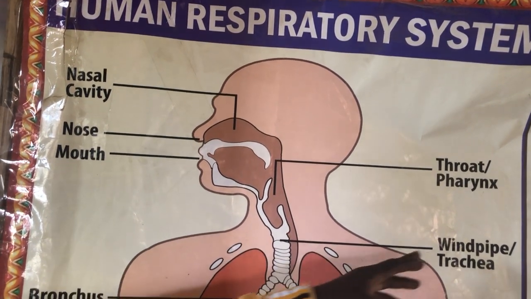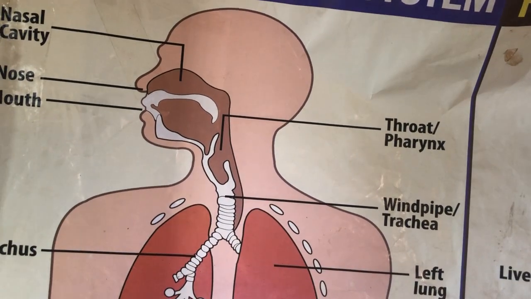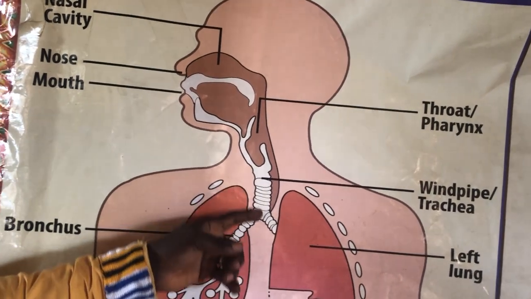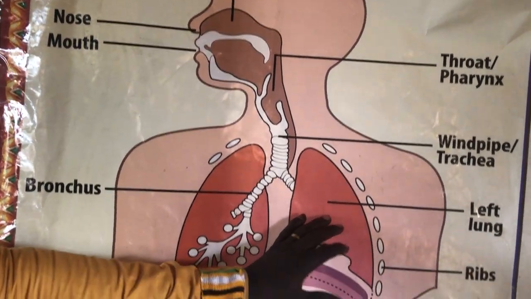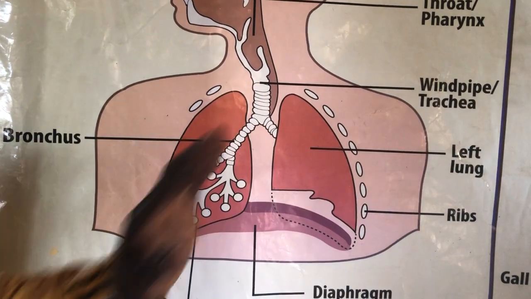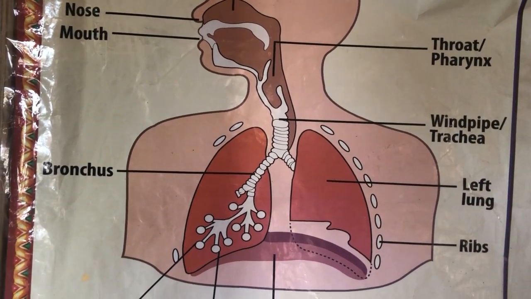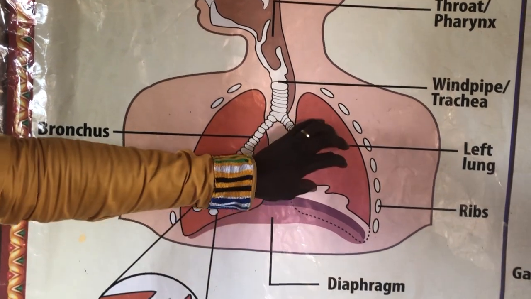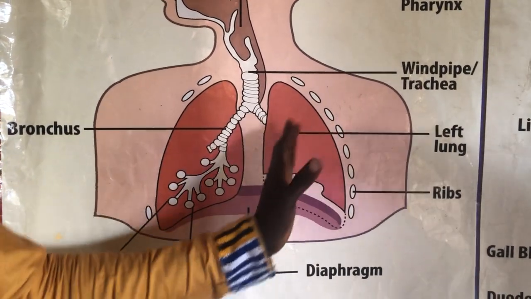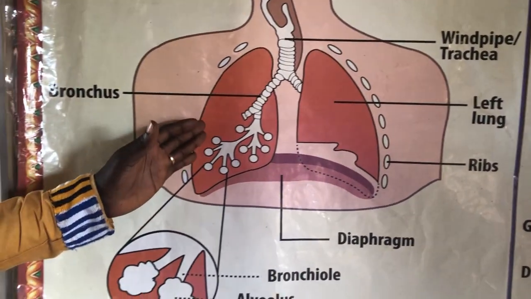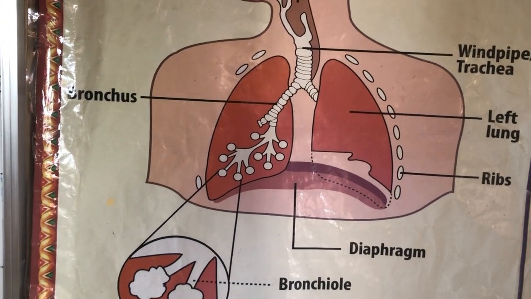We also have the windpipe or the trachea. And we have the lungs here, which are a soft tissue, and this is what exchanges gas. So we have the left lungs and the right lungs as well.